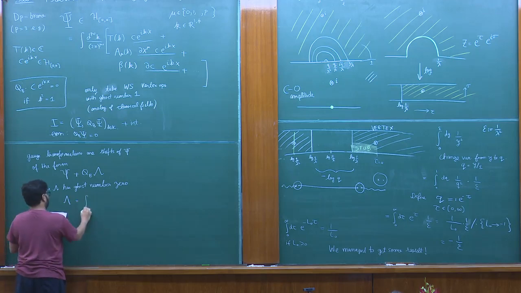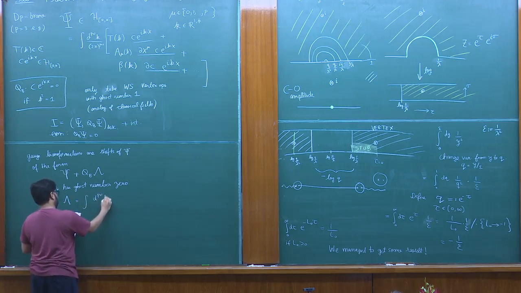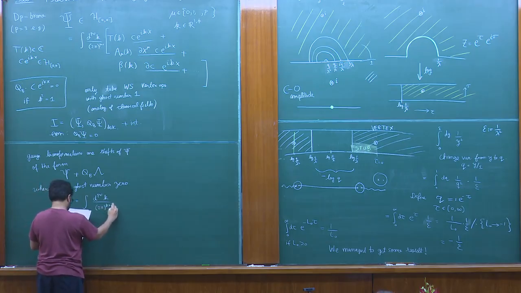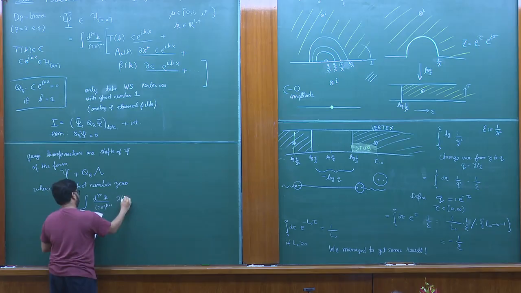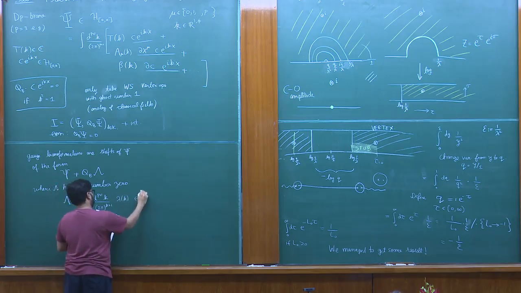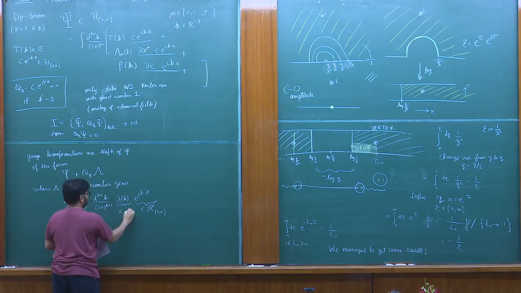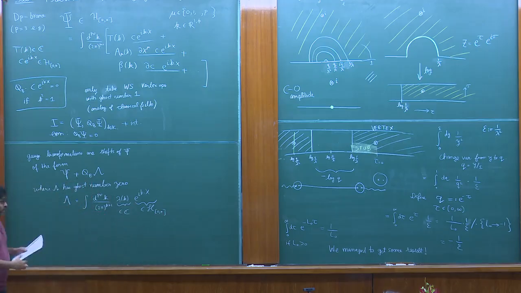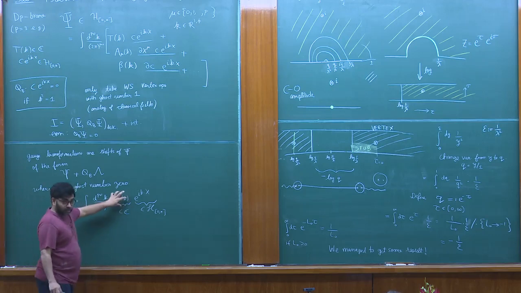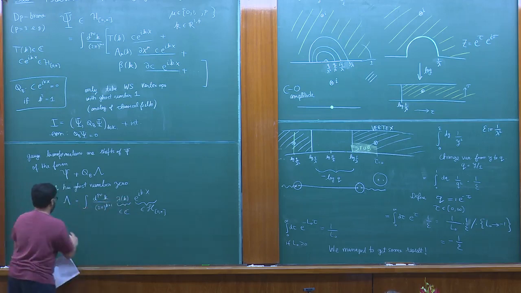We can just take, again, the integral d^(p+1)k divided by (2 pi)^(p+1), small lambda of k, e to the ik dot x. Okay. So again, this is an element of the Hilbert space, and this thing is a complex number. Okay, and there is no c here, so this is ghost number 0. Okay, very good. So this is our gauge parameter. This lambda of k is really the gauge parameter.